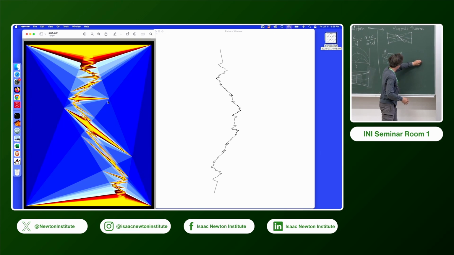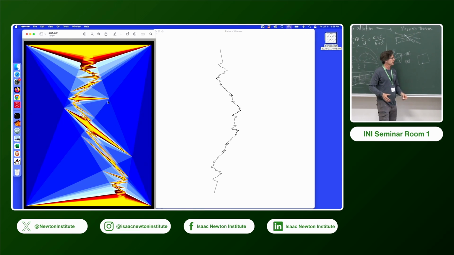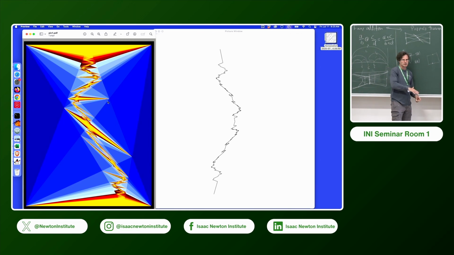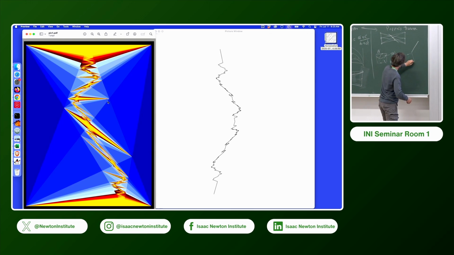What you do is you take your box, and now you think of this as living in the projective plane, which is the space of lines through the origin in R3, and I'm drawing in just the usual affine patch. Here's the box A, and then I use this diagonal like so.